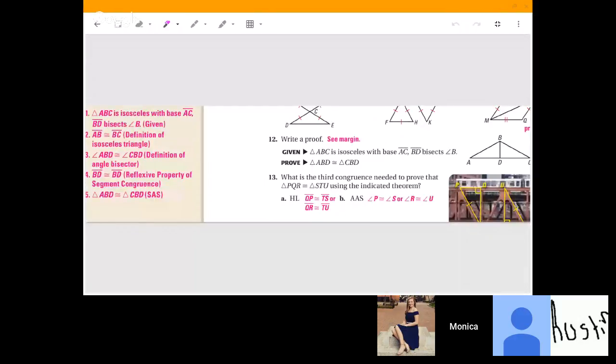Okay, so here is number 12. We're given that triangle ABC is isosceles with base AC and that BD bisects angle B. Okay, so if we look at our picture there, what do we know when it says BD bisects angle B? What can we tell from that?